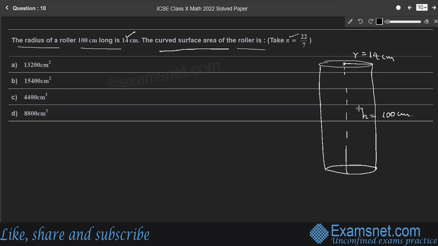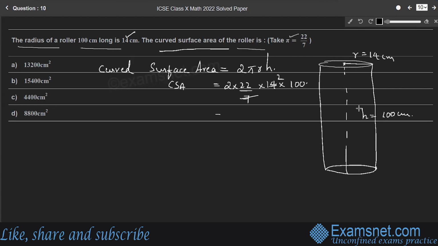The roller is in cylindrical shape. Therefore, the curved surface area of a cylinder is equal to, the formula says, 2 pi r h, where r is radius and h is height. Therefore, the curved surface area of the roller is 2 into 22 by 7 into the radius, which is 14 centimeter, into the height, 100 centimeter.